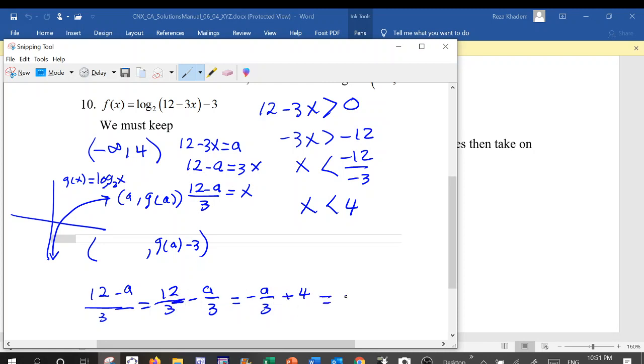And negative a over 3 means negative 1 over 3 a plus 4, right? Now we know exactly what happens to our x coordinates, right?